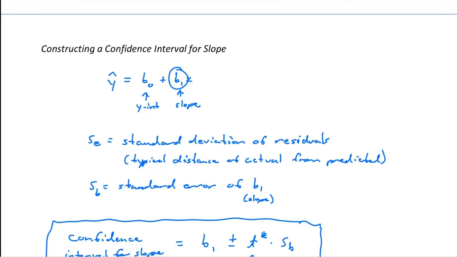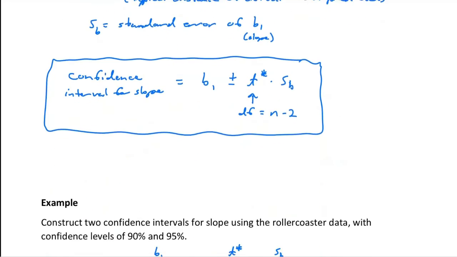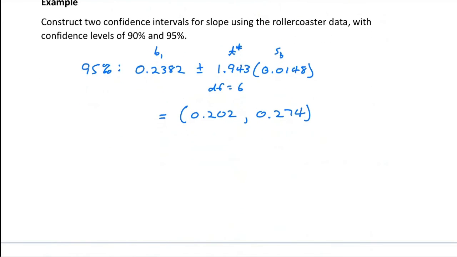However, if in fact height of a roller coaster does predict top speed as much as we believe it does, I should find that the slopes should be fairly close to each other. And the actual slope, if I could take all of the roller coasters and find the least squares regression line for all roller coasters, the slope that I would get from that regression line, I believe, is somewhere between 0.202 and 0.274.